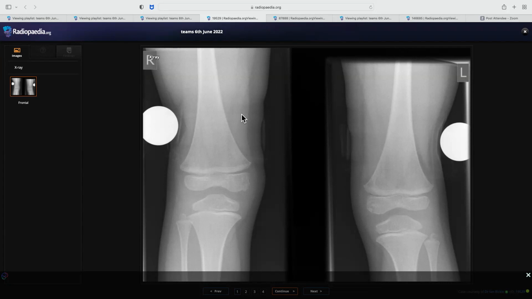Does that give any clue? So what all bones do you look for? I look at the femur, the metaphysis, diaphysis and epiphysis, and the same in both bones of the leg, fibula and tibia. Joint space is fine. No evidence of any widening or any effusion.